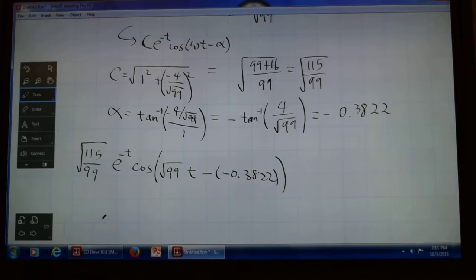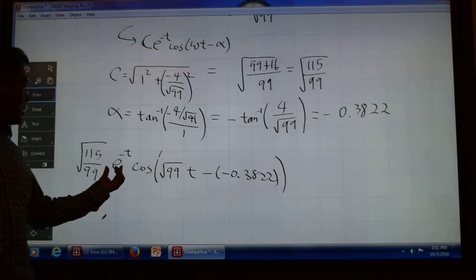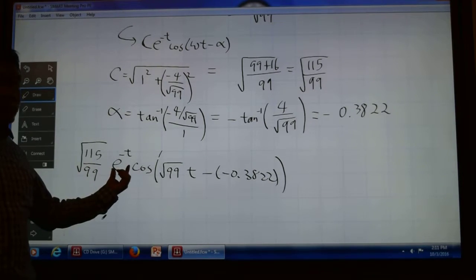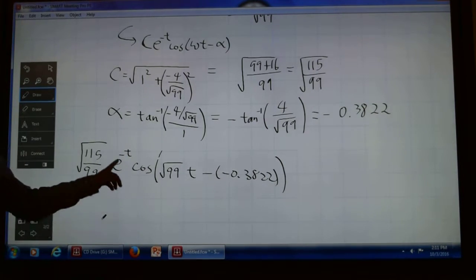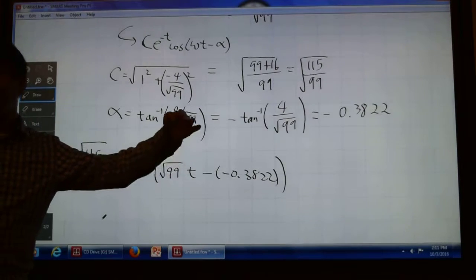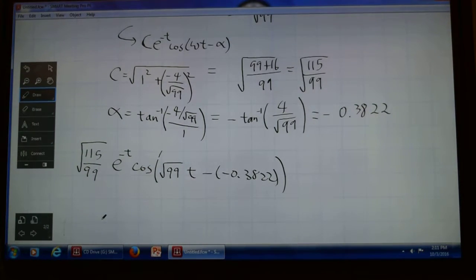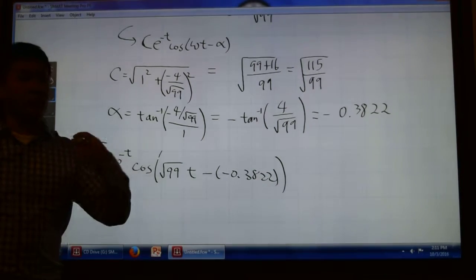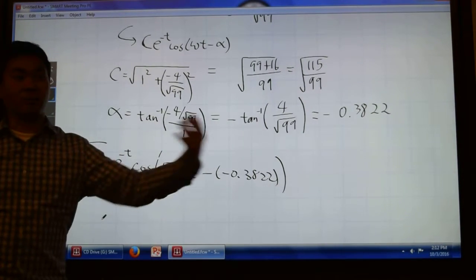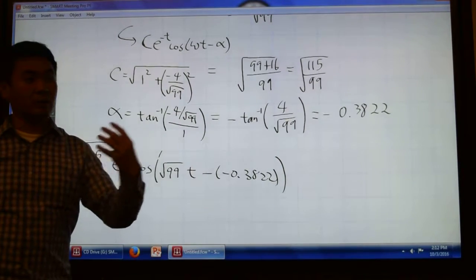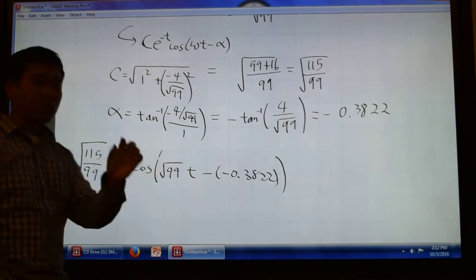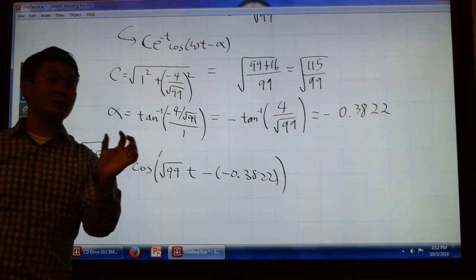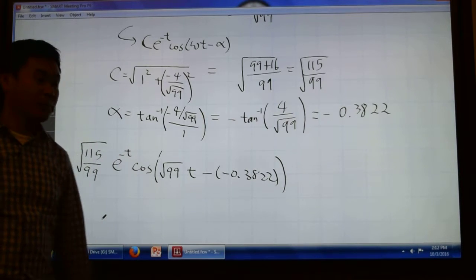Okay, so once you have this, because the amplitude has e to the negative t in front of the cosine, the amplitude actually will go down and down. Okay? Another way to explain this physically is that because you have friction, originally it used to be going back and forth, but then it slows down because of the friction, and eventually at some point later, you wouldn't see it vibrating because it's so tiny.